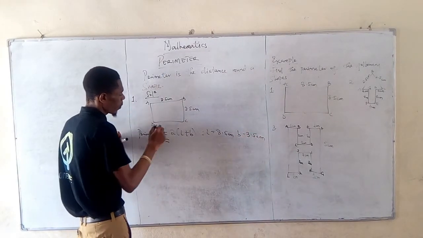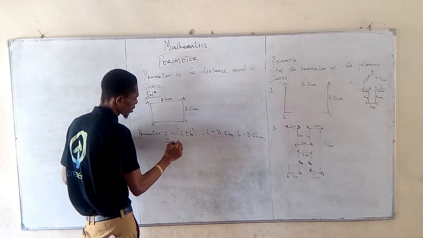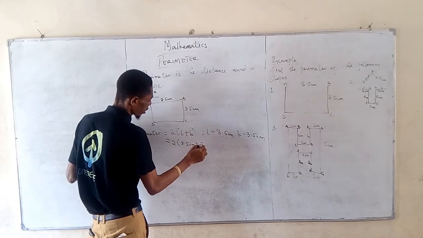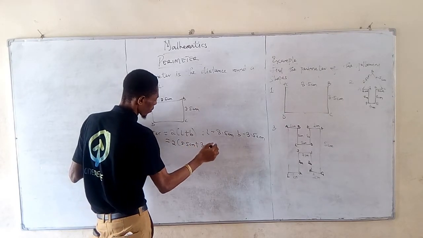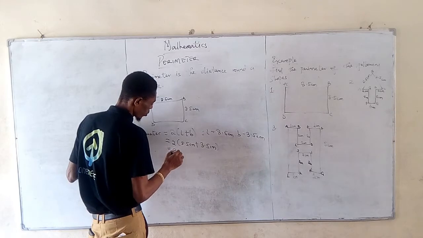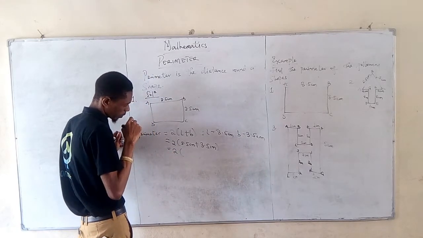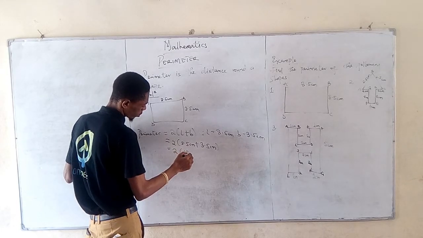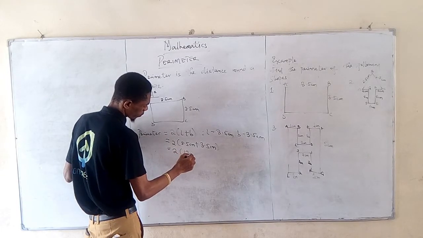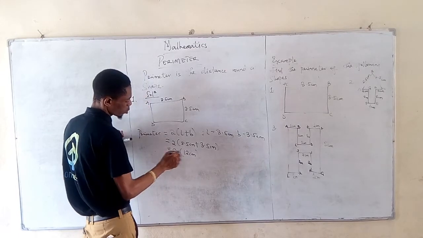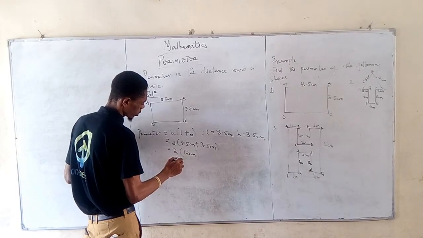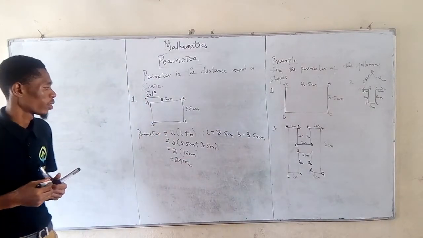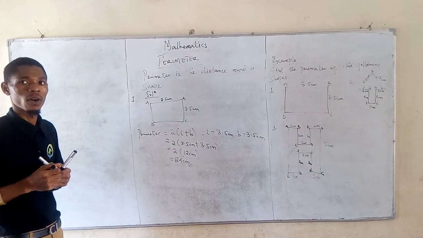Okay? So our perimeter is 2 into bracket 8.5 cm plus 3.5 cm. Close your bracket. 2 into bracket 8.5 plus 3.5 will give us what? Should give us 12 cm. Now 2 multiplied by 12 cm will give us 24 cm.